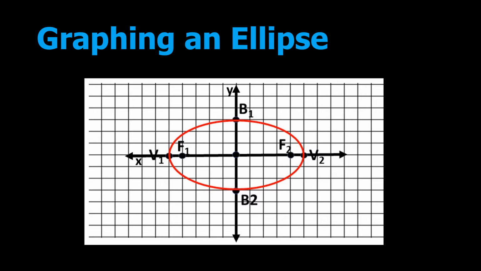And then counting 4 units to the left and right of the point of origin, we have here the f sub 1 and f sub 2. And the intercepts, counting 3 units upward from the center, we have the intercept 1 or b sub 1, and counting 3 units downward from the center, we have the second intercept or b sub 2.